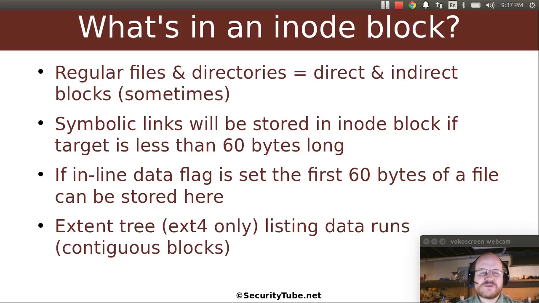It can also speed up certain operations for longer files. Finally, if you have an ext4 file system, you can also have something called an extent tree. We'll talk about what this means, but essentially it lists data runs or sets of contiguous blocks.